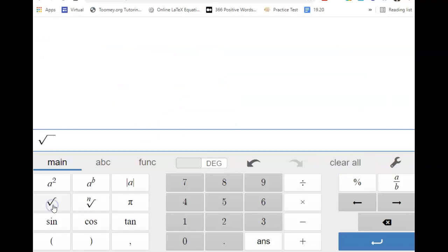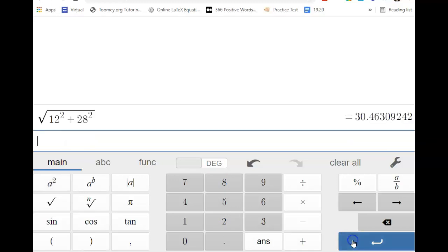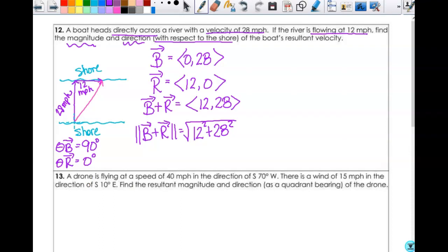My square root, and that will be 12 squared plus 28 squared. And that gives me 30.463. So this will give me 30.463, and that is miles per hour.